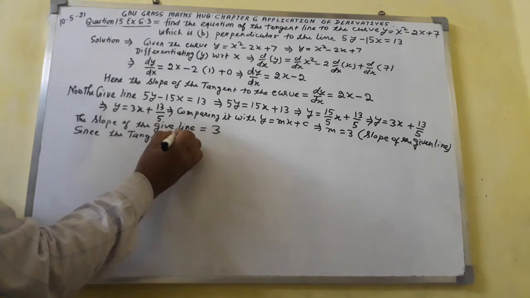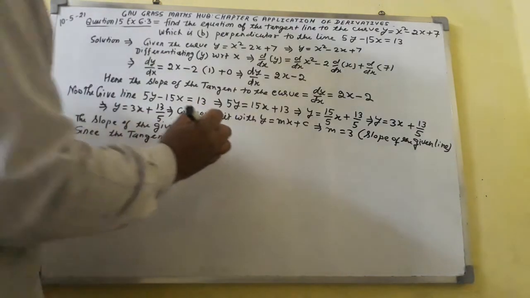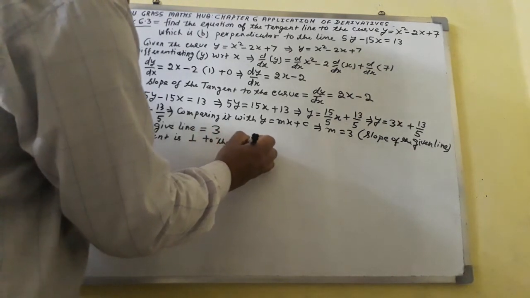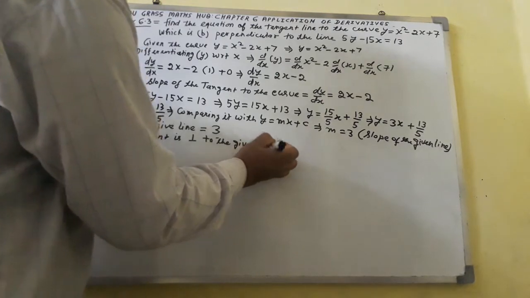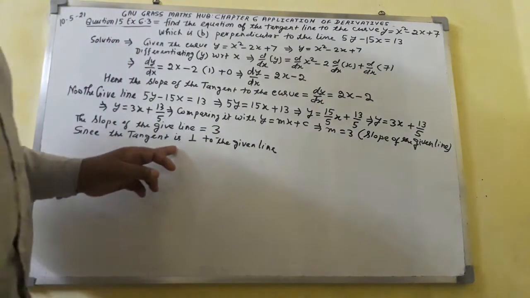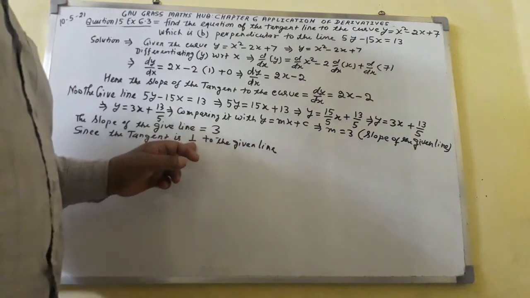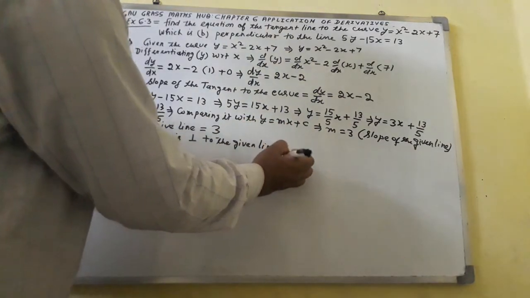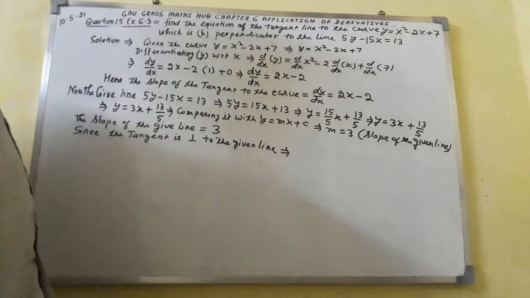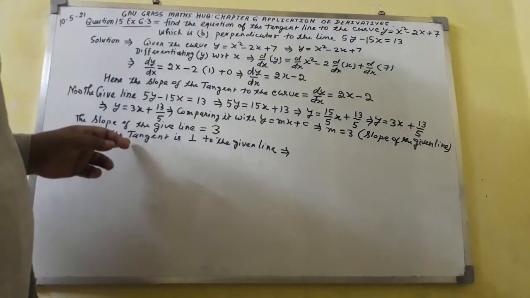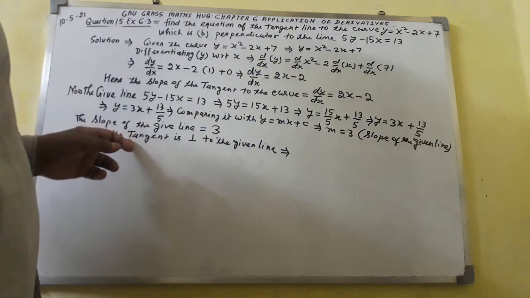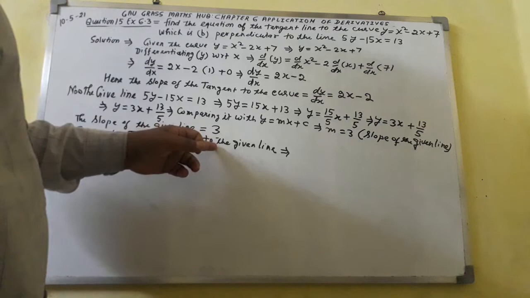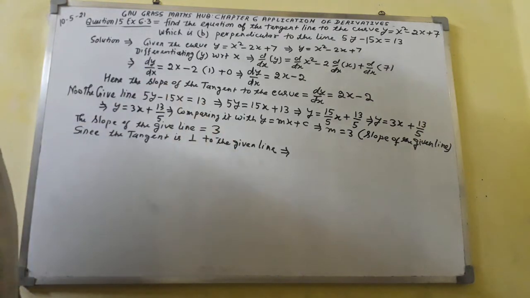Since the tangent is perpendicular to the given line, this is a symbol of perpendicular to the given line. Hence, when this condition is there, then slope of the tangent into slope of the given line equal to minus 1.